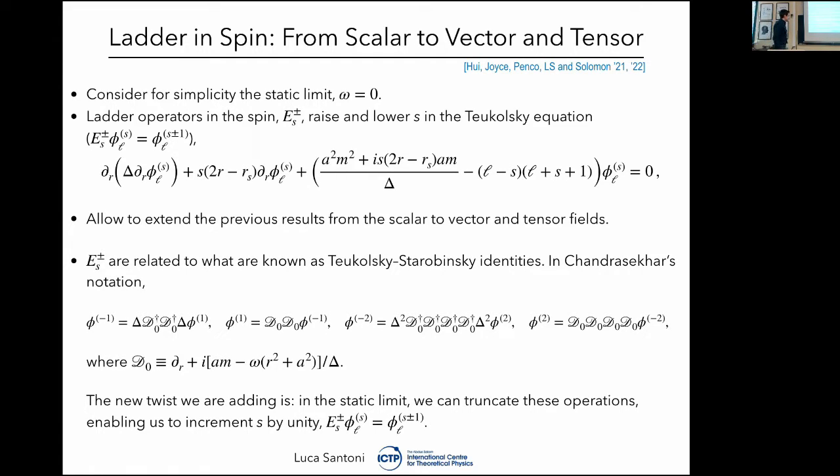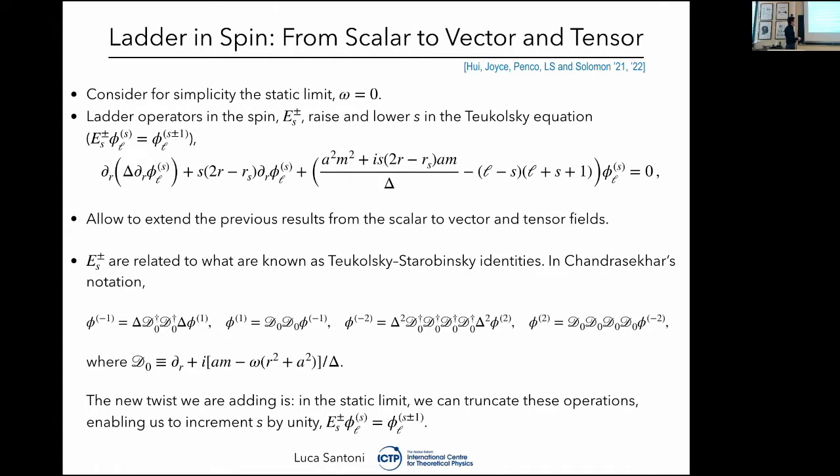There exist also ladder operators in this sense, ladder in spin, which we call ES plus minus here. Let me make the following connection. These ladder in spin operators are nicely connected to the so-called Teukolsky-Starobinsky identities, which you might know, which are the following.